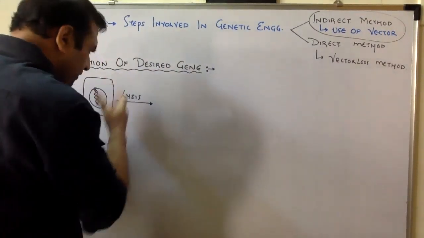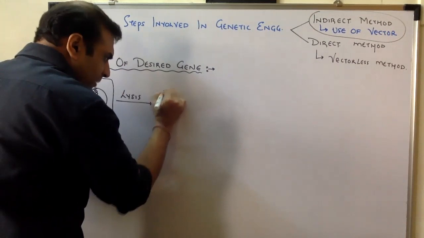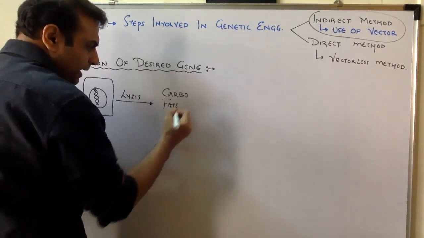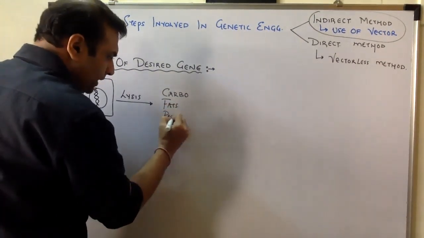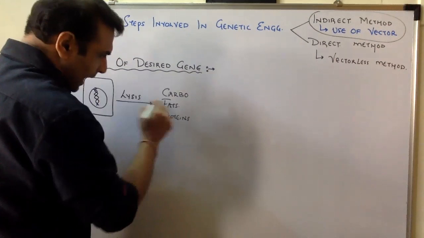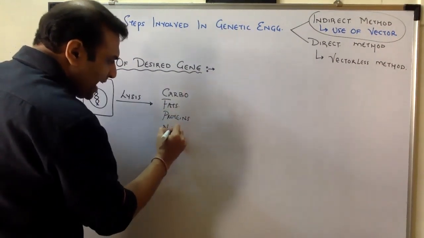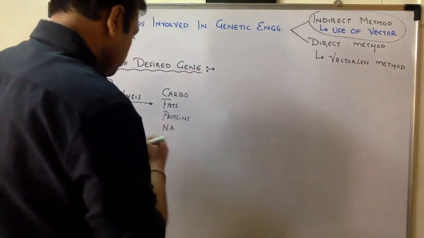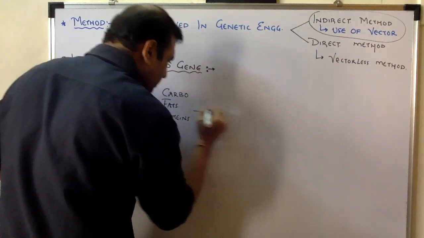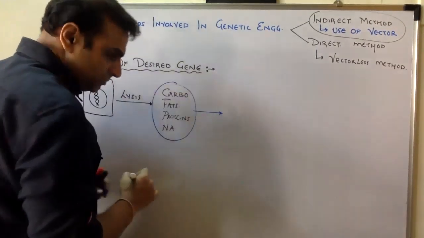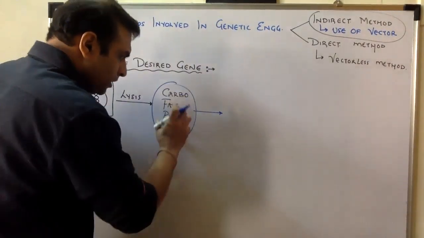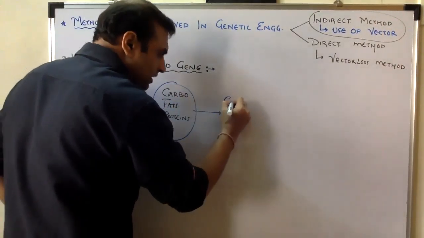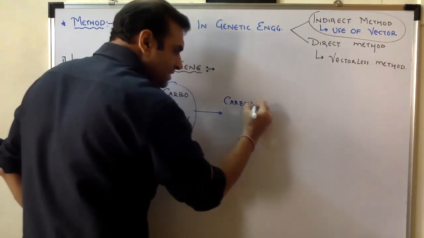So when I perform lysis, let us consider I will get carbohydrates, fats, that is my lipids, proteins, and then nucleic acids, that is RNA and DNA. Now listen, I will be exposing this entire cytoplasm along with nucleoplasm to certain enzymes. For removing carbohydrates, I will be using carbohydrases.